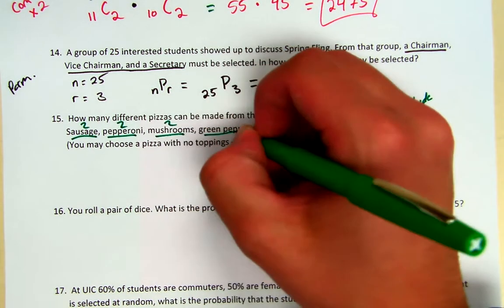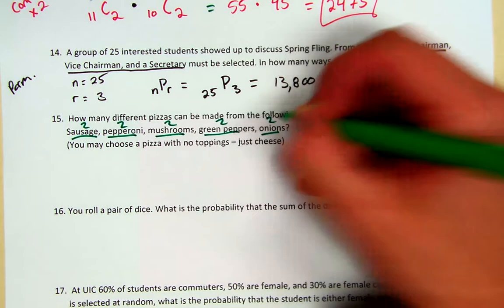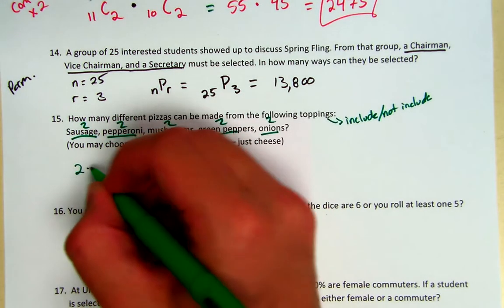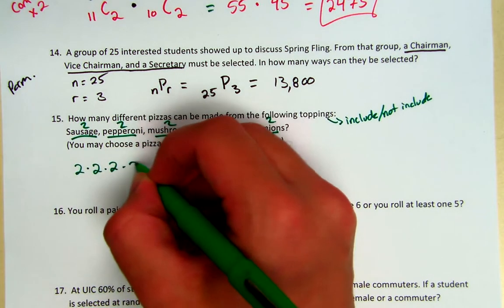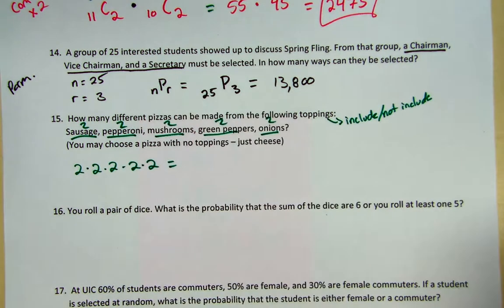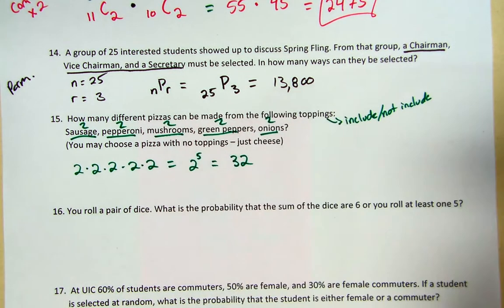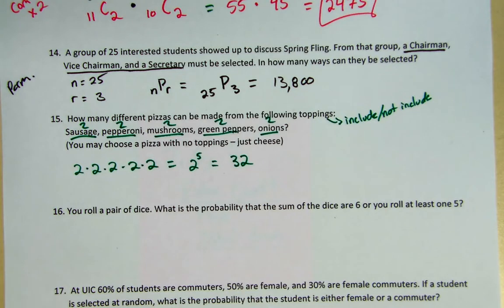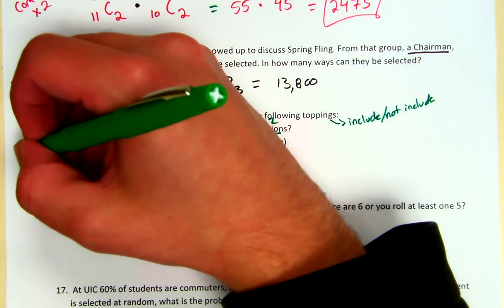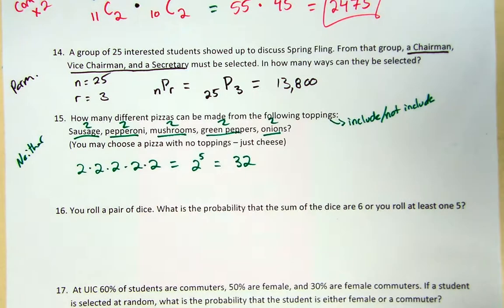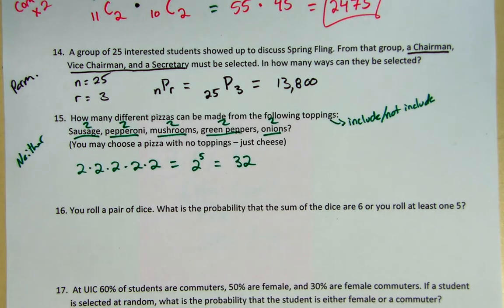Mushroom, 2. Green peppers, 2. And onions, 2. We got 2 times 2 times 2 times 2 times 2, or 2 to the 5th power, which ends up being 32 different ways. Alright, so that was also a neither. That was more of a counting problem, considering the different ways.